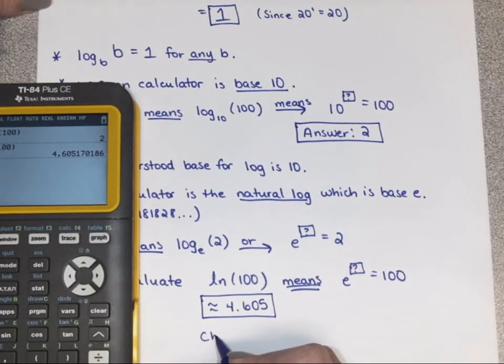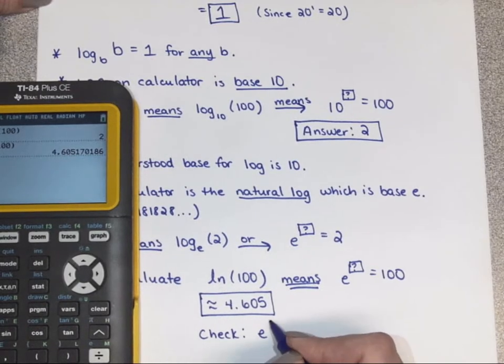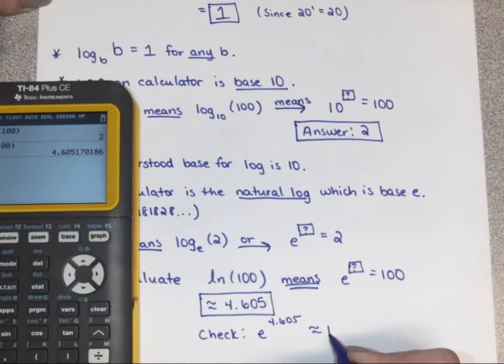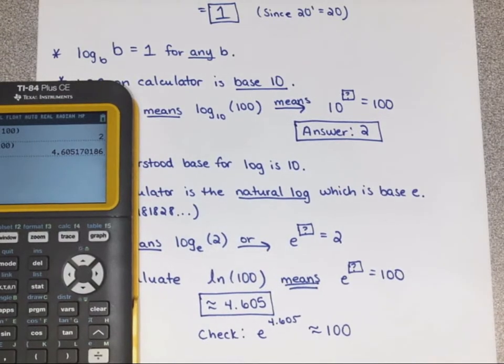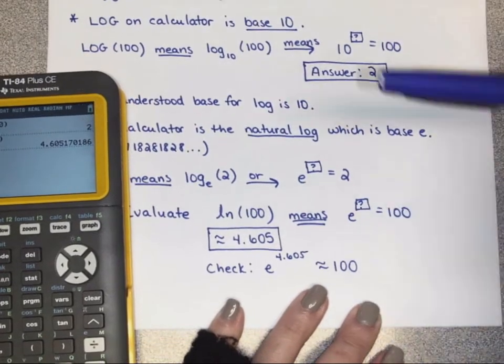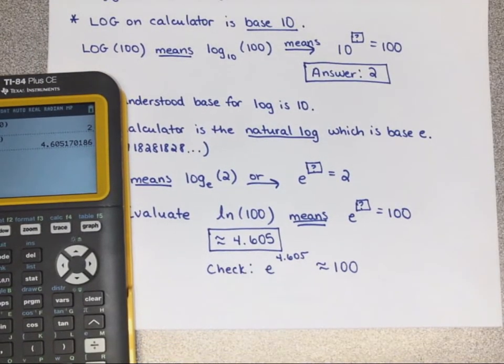Okay. Note that if we wanted to, we could check our answer. In other words, we could actually do e to that power, and we should get right about 100. Okay. Now, why doesn't it equal exactly 100? Because 4.605 has been rounded already, right?